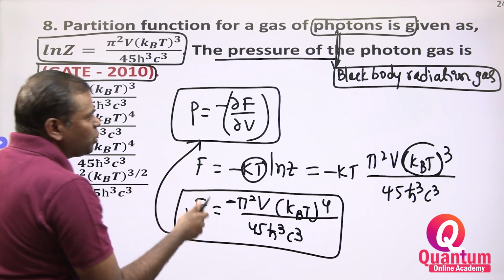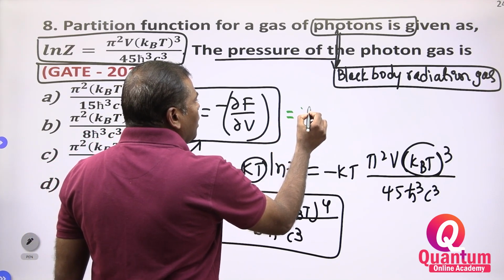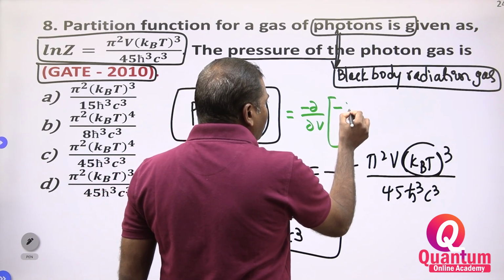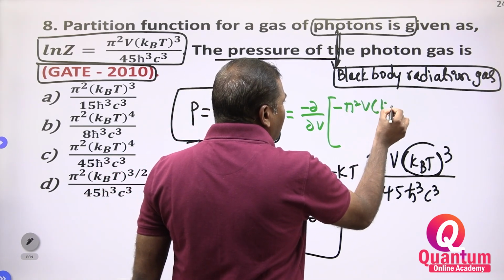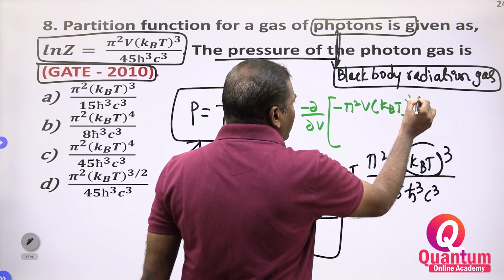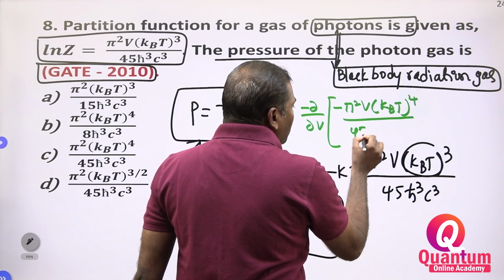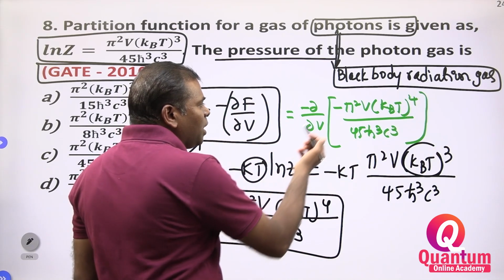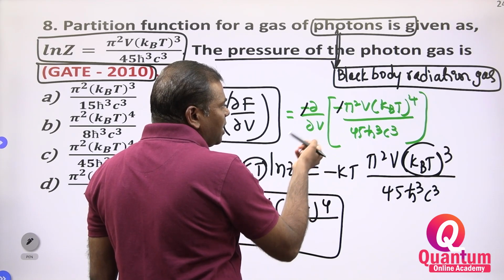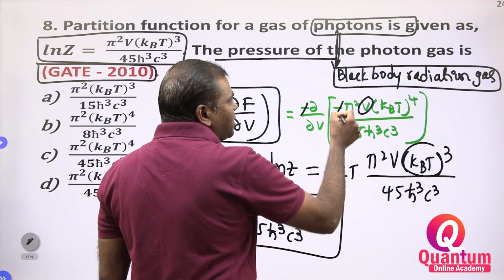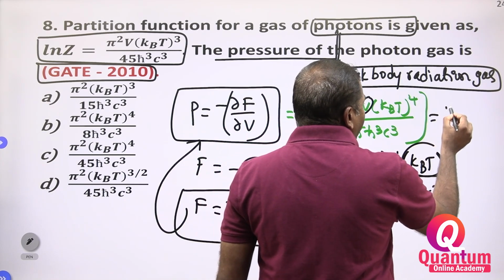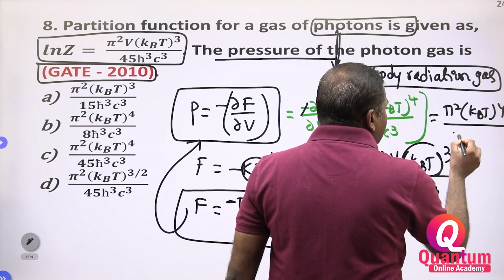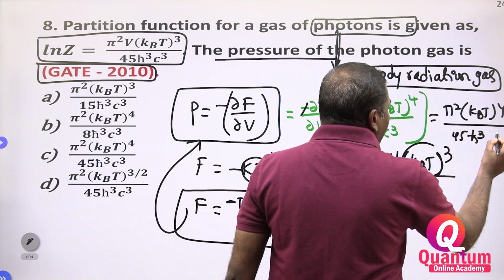Now you have to do the differentiation. P is equal to minus dou by dou V of minus pi square V kB T whole to the power of 4 divided by 45 h cut cube c cube. So minus into minus is plus, and with respect to V, the rest of the things remain: pi square kB T whole to the power of 4 divided by 45 h cut cube c cube.